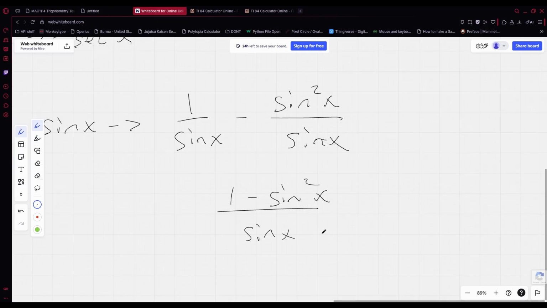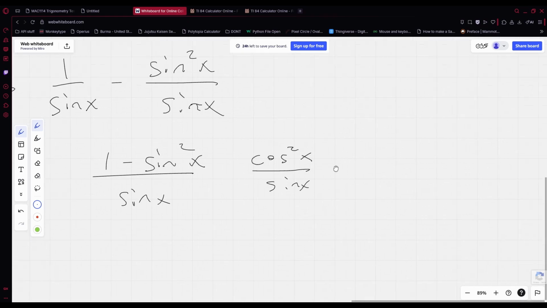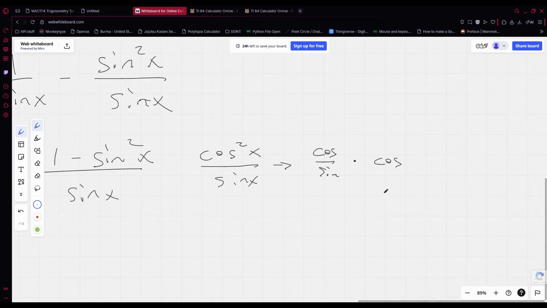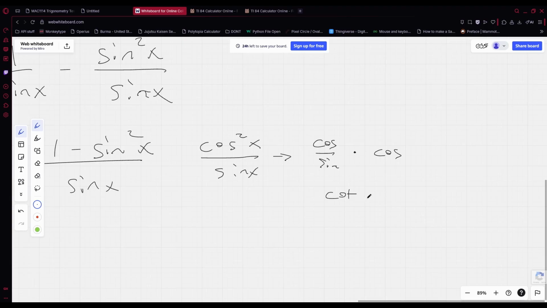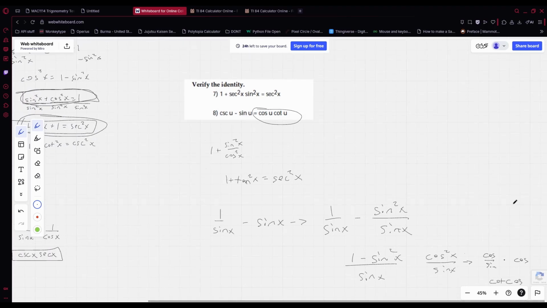And we got that right here. So that means cosine squared x over sine x, and that easily maps to our final answer, because we just go cosine over sine times 1 over sine, times cosine, and that's cotangent times cosine, and we got cosine times cotangent.